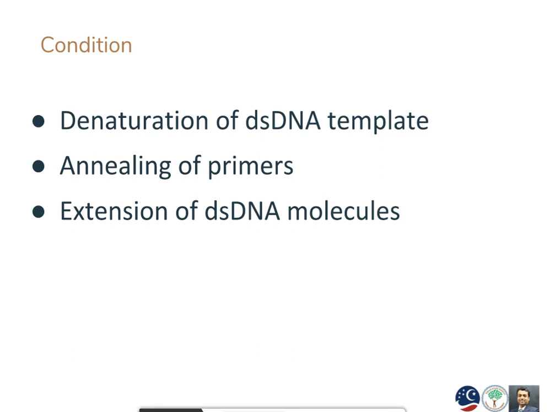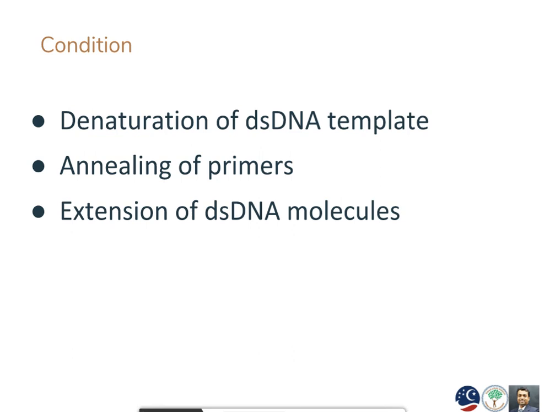Then we go to the next temperature step. We are going to lower the temperature so that the primers bind to the single-stranded template DNA. This specific temperature is known as the annealing temperature, so this step is known as the annealing step or the primer annealing step.